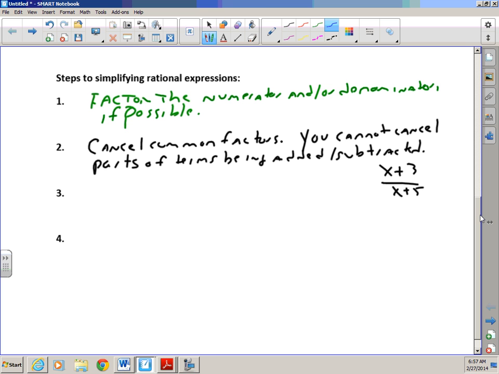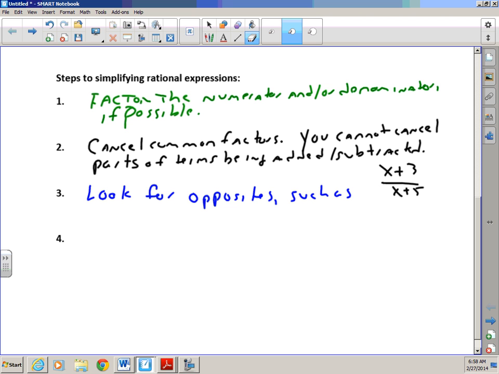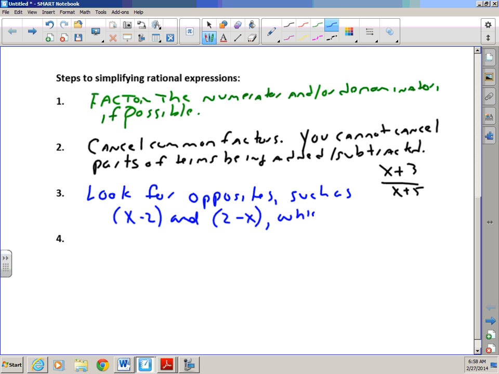Step 3 is look for opposites, such as x minus 2 and 2 minus x, which cancel to a negative 1.